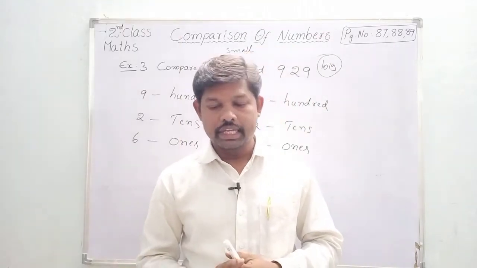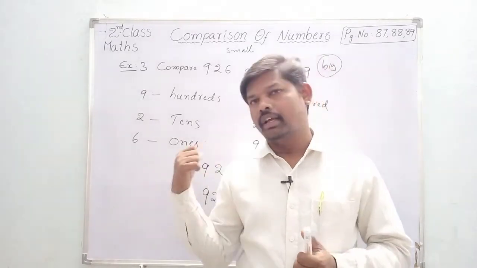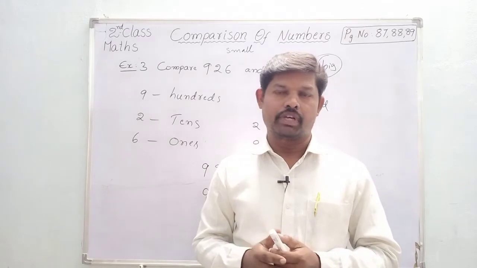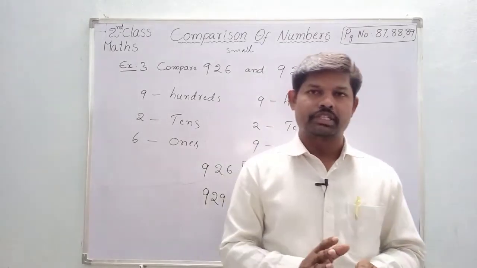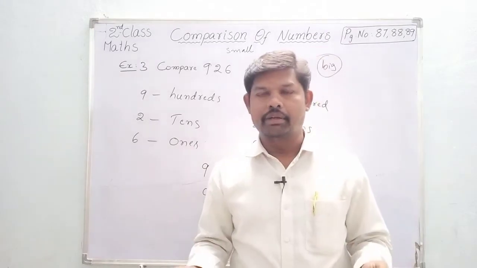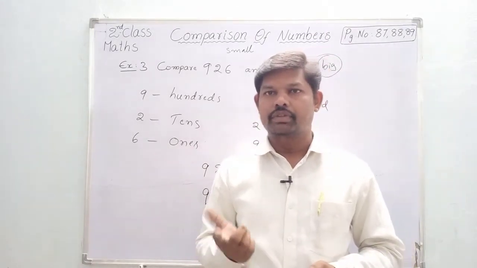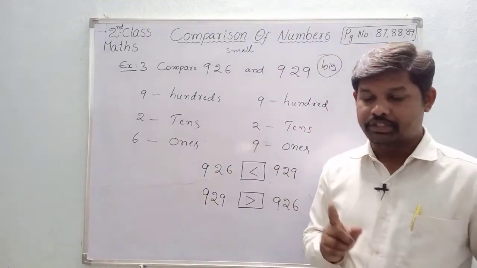Okay, next one, rearrange the following in ascending order. By observing these three examples, which is big number, which is small number. If you know which one is big number, which one is small number, you can write the numbers in ascending order and descending order also. So let us write ascending and descending orders.